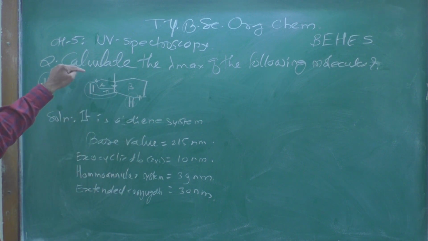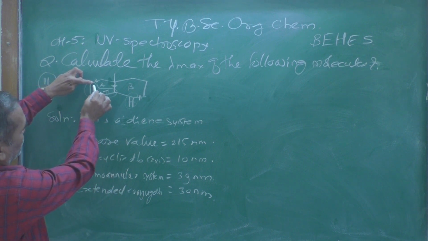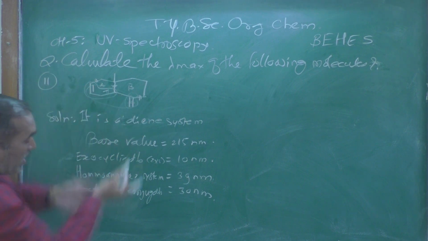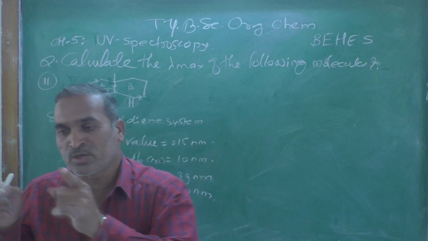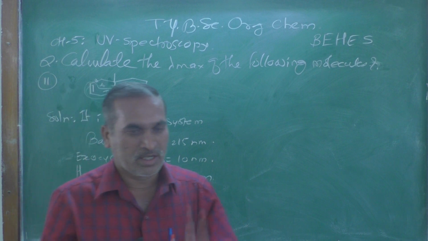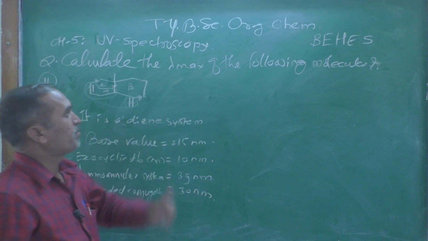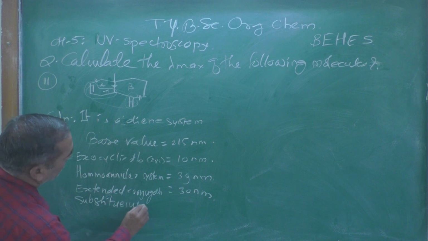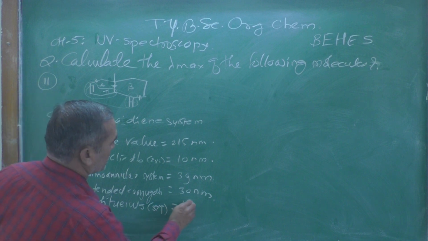While counting substituents, you should consider the whole conjugated system, and outside that, whatever ring residue or alkyl group there is is considered a substituent. In this particular structure there are 3 substituents present, and therefore 3 into 5 for ring residue becomes 15.